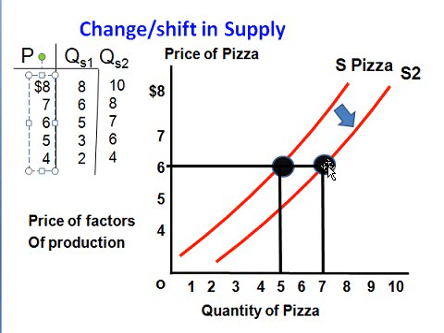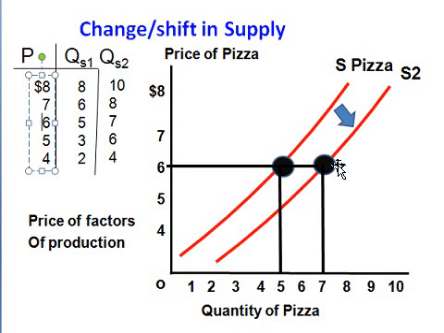So as a result, the producer will stay here, not go here. That means the producer will continue to produce 7 pieces because the price of pizza has gone up at the same time. So his profit remains.